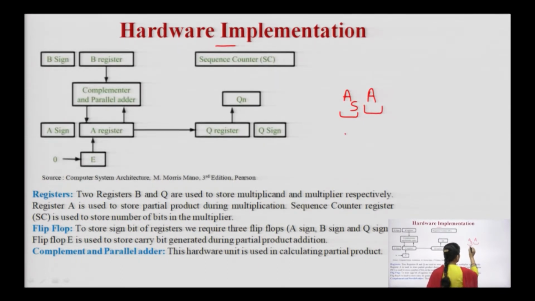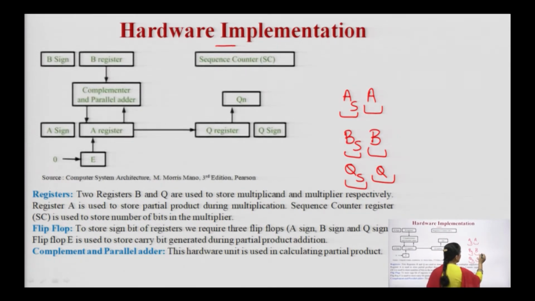One number is represented in A and another number is represented in B. BS carries the sign bit of B and B carries the magnitude of B. Then the second number is stored in QS and Q. QS stores the sign of Q and Q stores the magnitude.